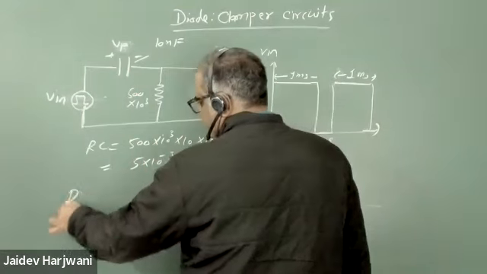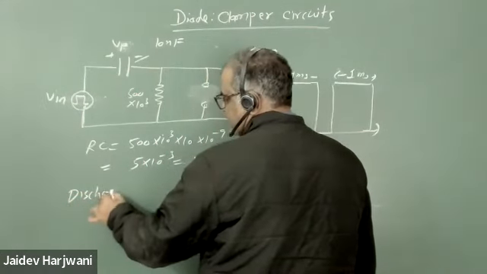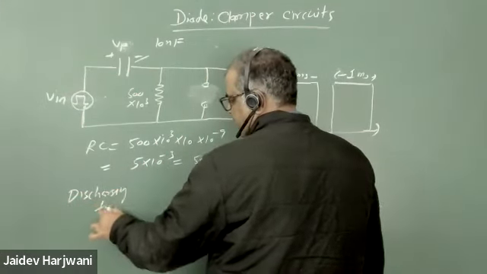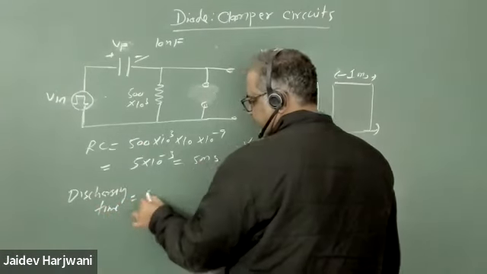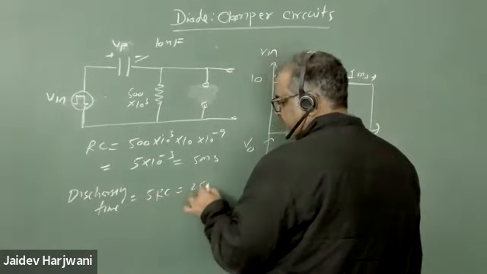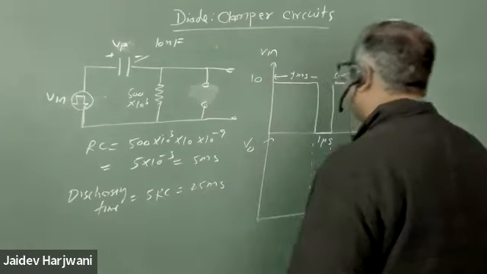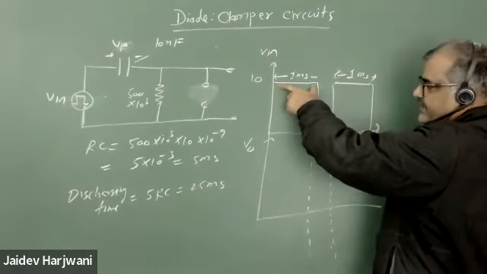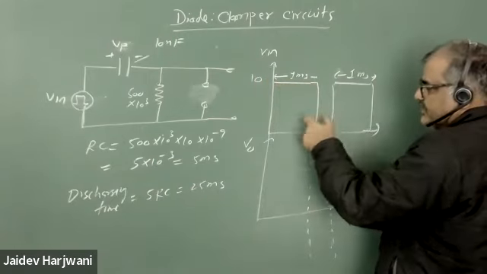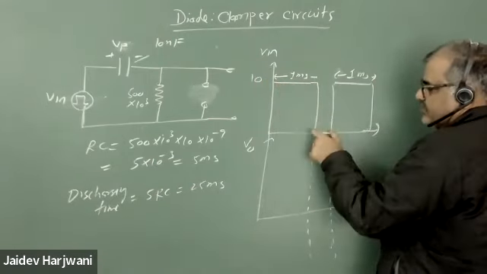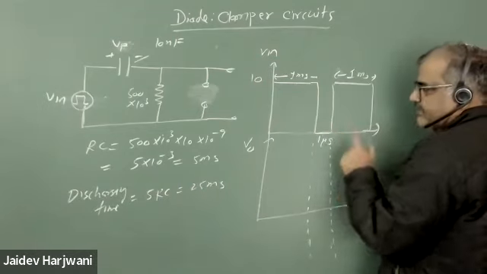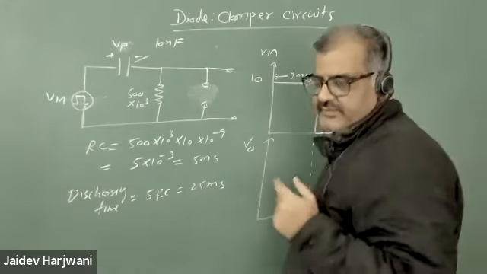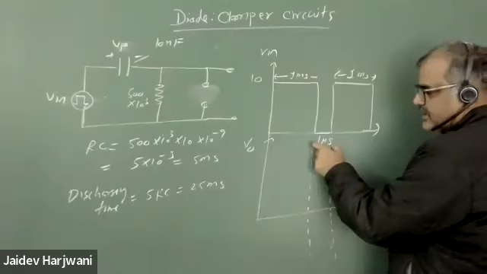And now you know the discharging time is at least 5 RC. This is 25 milliseconds. From here you can see that the charging time is 1 millisecond, and only for this small time period of 1 microsecond will the capacitor not be charging, which is too small compared to this.